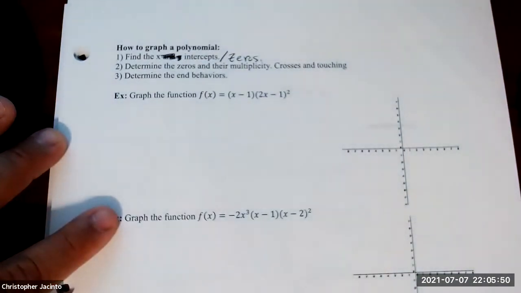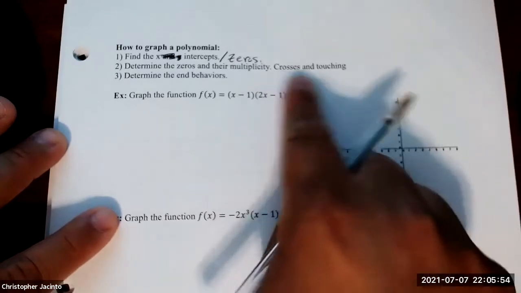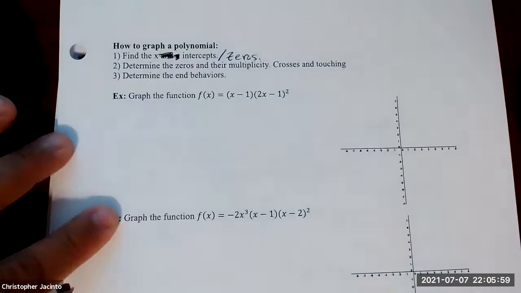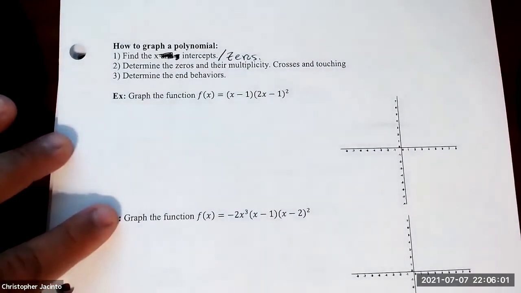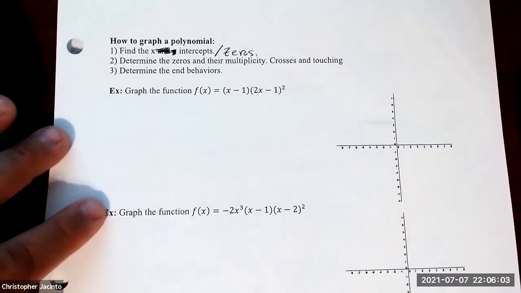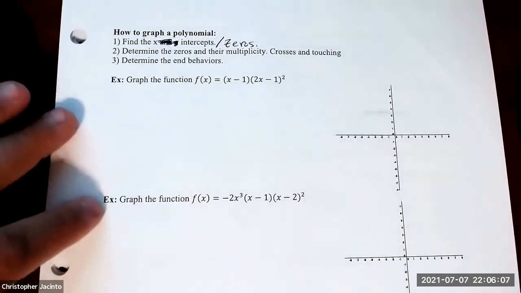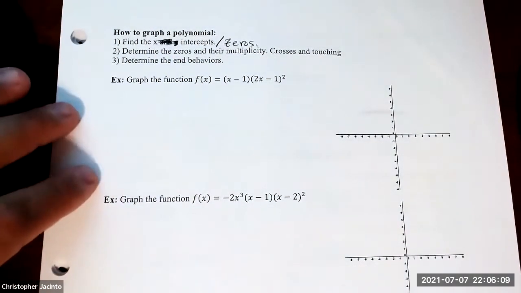Step 2, we determine the zeros and their multiplicity, meaning are they touching or crossing? And thirdly, what type of end behaviors are we going to have? And again, these actually are not too bad. You guys may like this far easier than the other graphs we had so far, and they're pretty fun to deal with as well.